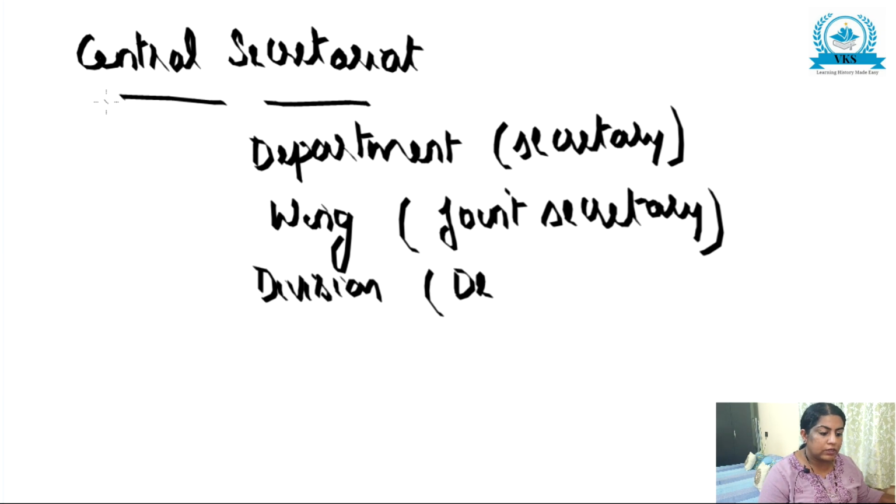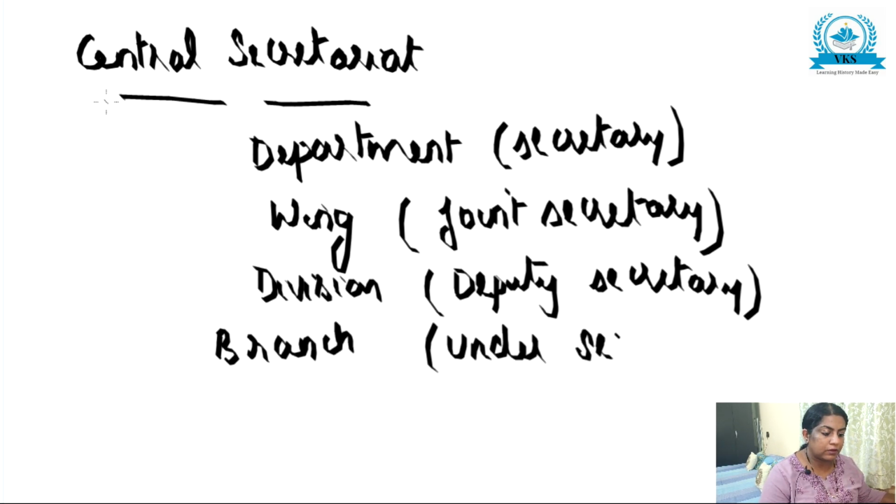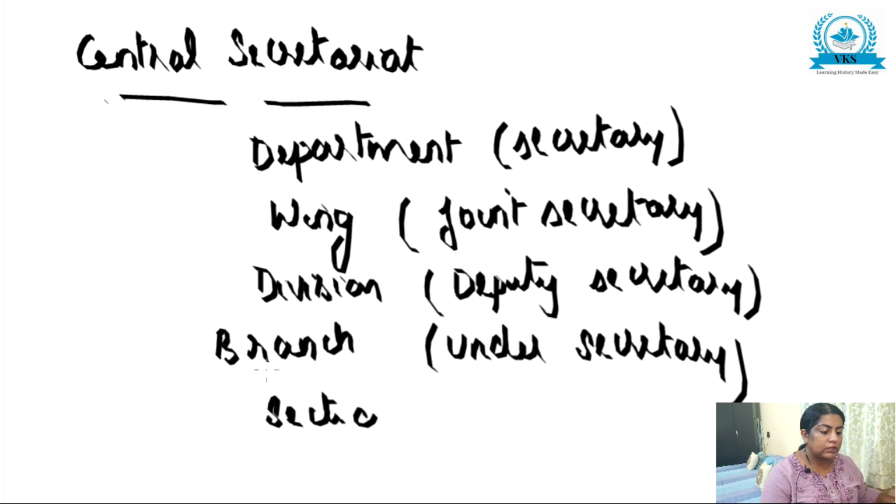Division is deputy secretary. Then you have the branch. Branch is the under secretary. And finally you have a section, that is section officer.